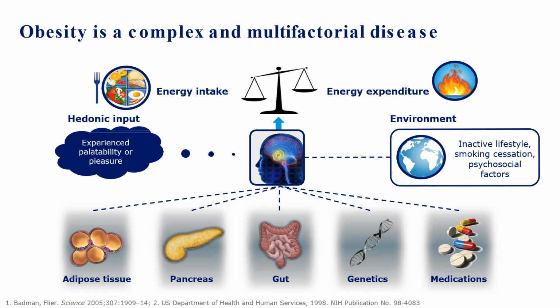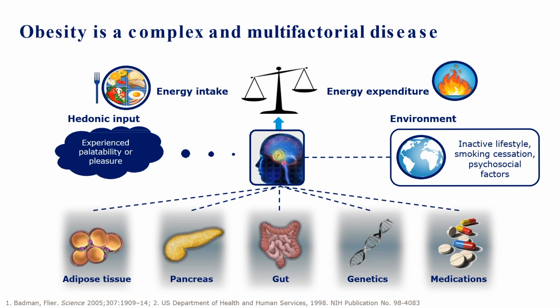You had energy intake and you had energy expenditure, and if your energy intake was greater than energy expenditure, you put on weight. But what is increasingly evident is that energy intake is complex, depending on palatability of food, the pleasure of food, the feel of food, the smell of food, and the environment can impact quite markedly on energy expenditure through inactivity, smoking cessation, and psychosocial factors.